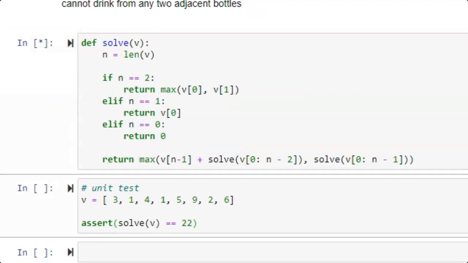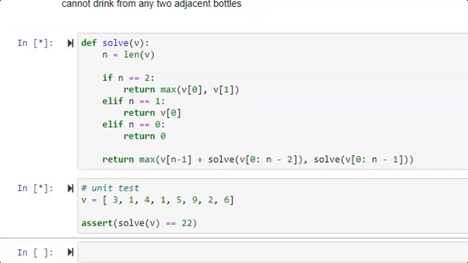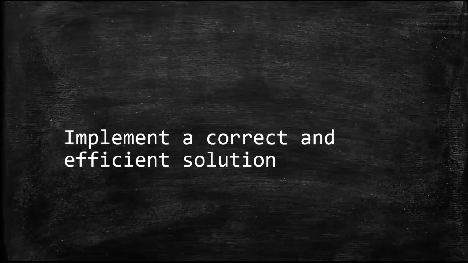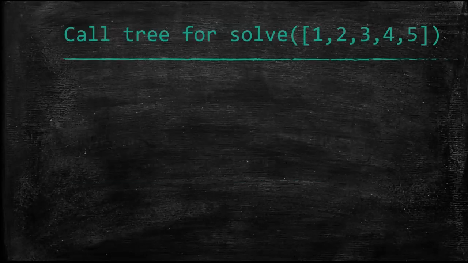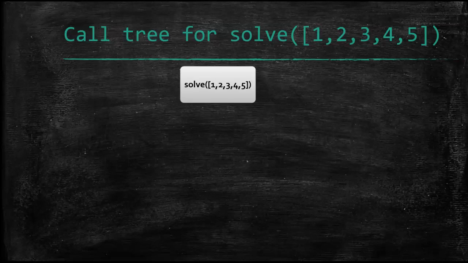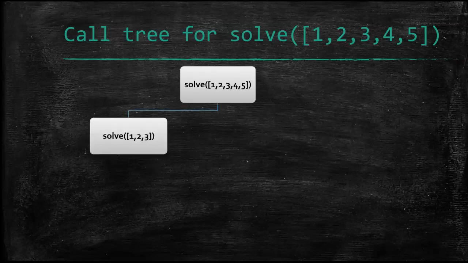We found the optimal solution by finding the optimal solutions for each subproblem. Let's have a look at the call tree. To keep things simple, we'll follow a small example with 5 bottles, with volumes 1 through 5. We start with the case where we do take bottle 5 and solve for the first 3 bottles. Then we split.